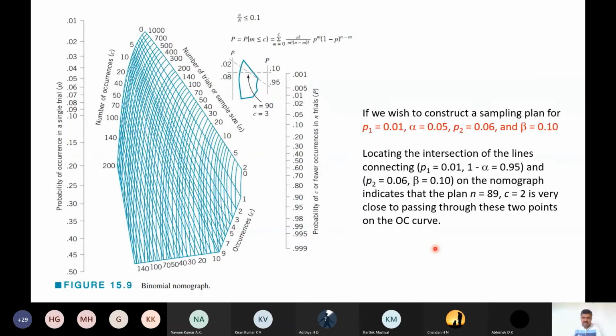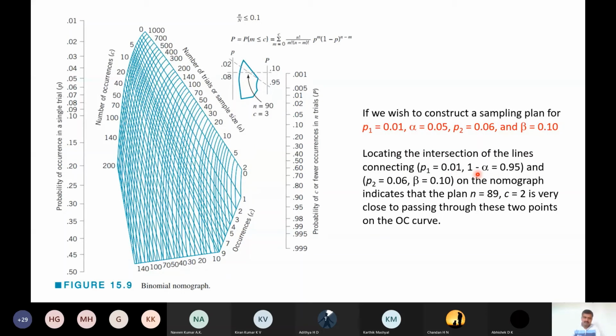Now consider the same data which we discussed in the previous slide. Here you have P1, alpha, P2, beta values. You want to find out n, that is sample size, and c, that is acceptance number. Locating the intersection of the lines connecting P1 equal to 0.01 and 1 minus alpha equal to 0.95.